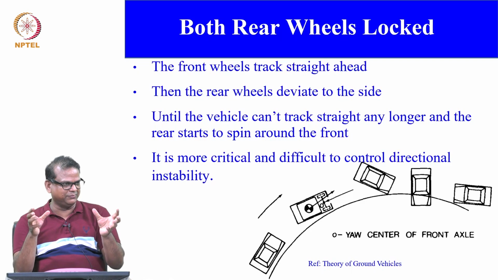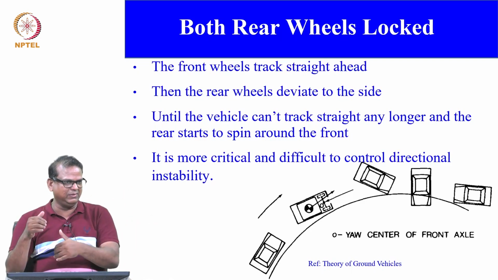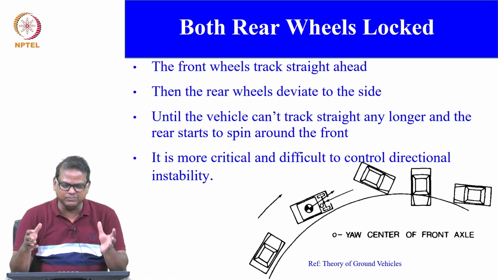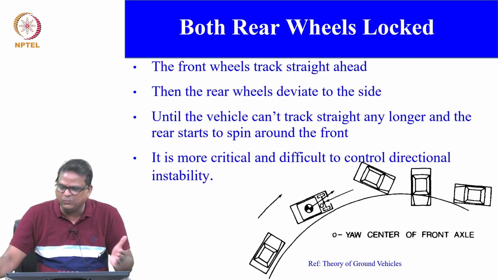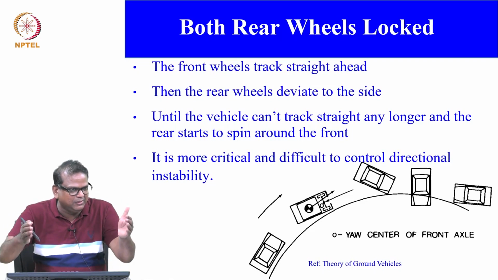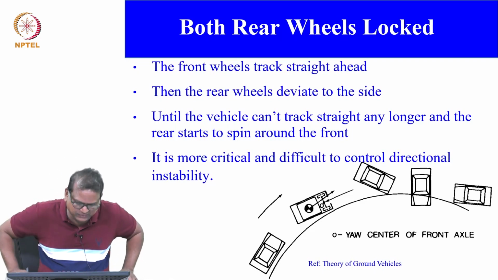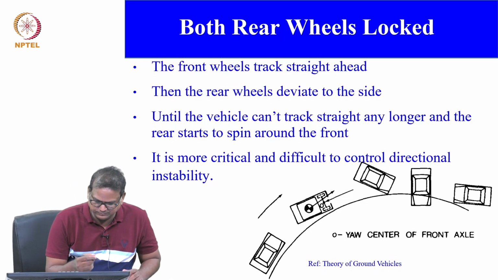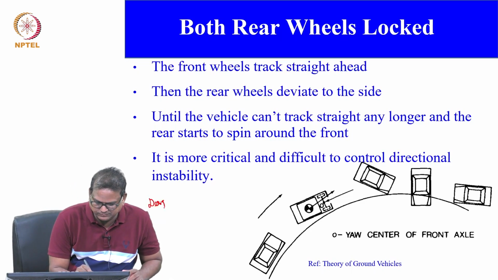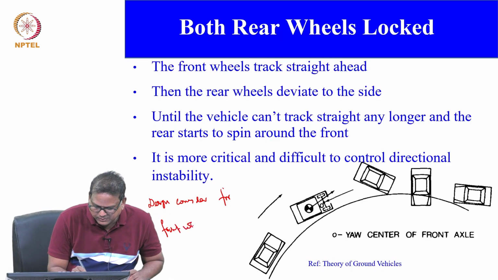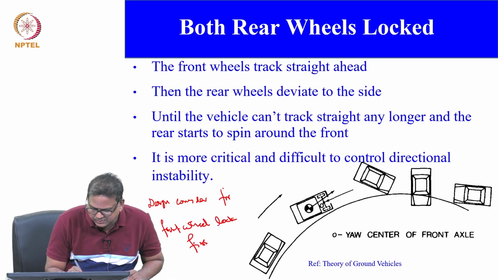Can you see the difference between when the front wheels lock first and the rear wheels lock first? So which is more important? As a design engineer, you would prefer at least the front wheels to lock first, for the safety aspect. Front axle, I will say, front wheels only, for better safety.